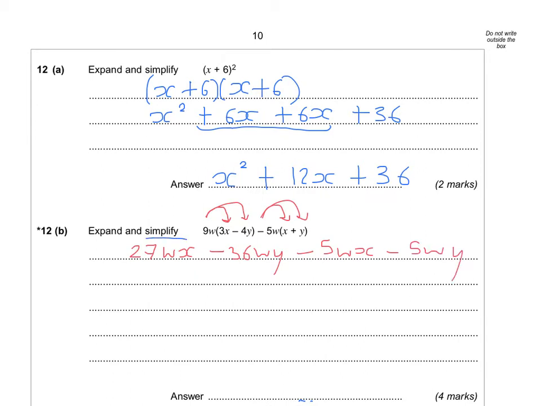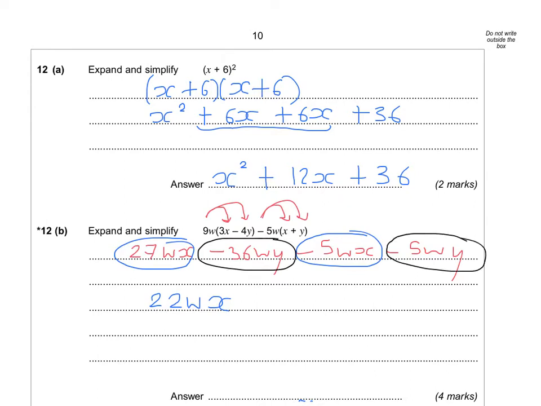Collecting like terms gives us 22wx and minus 41wy, so our final answer is 22wx minus 41wy, which we can leave in that format.